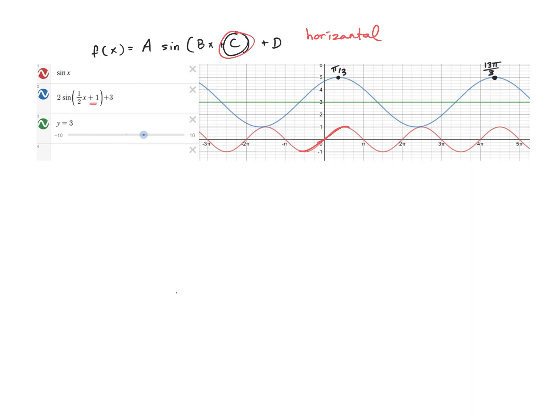And the best way to find that is, what you could do is take your function. We know our a to be 2. We know our sine to be 1/2 x. We don't know our c. Let's just say in this case we didn't, but we knew that our horizontal shift was 3.